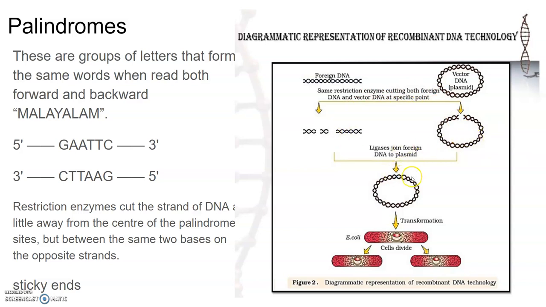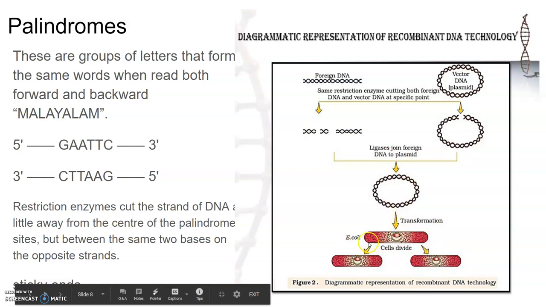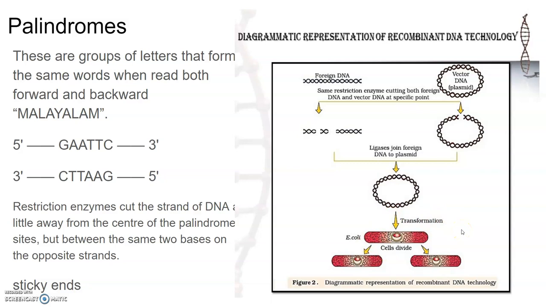After cutting, they are joined together with the help of ligase, which joins the foreign DNA to the plasmid, and then it is transferred to the required host cell, like here the bacterial cell E. coli. So this is the diagrammatic representation of recombinant DNA technology.